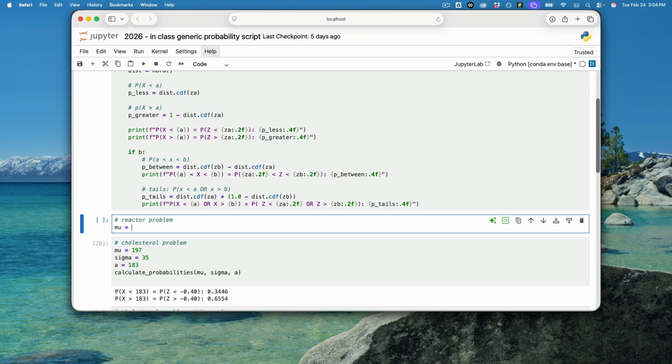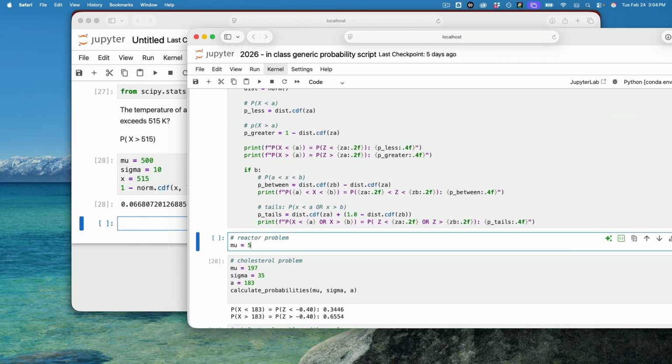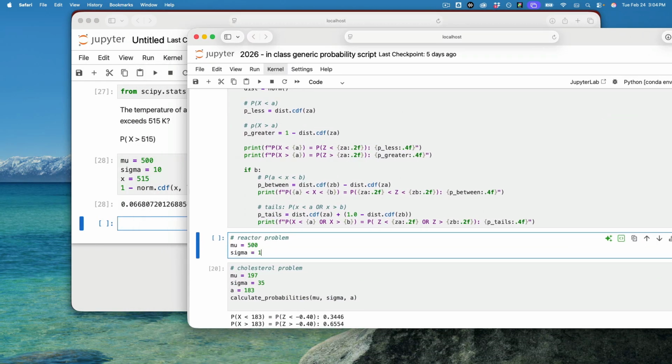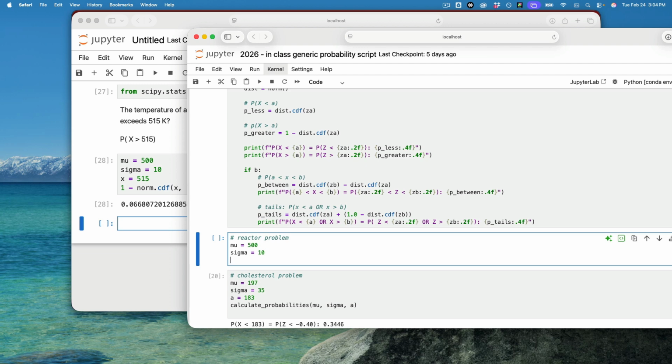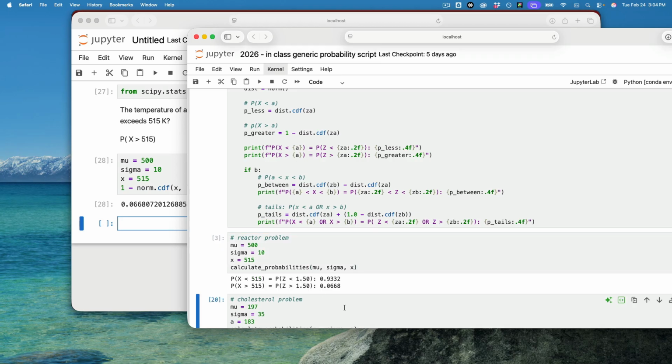Mu is 500, sigma is 10, and then x is equal to 515. Then we calculate probabilities with mu, sigma, and x. And there you go.